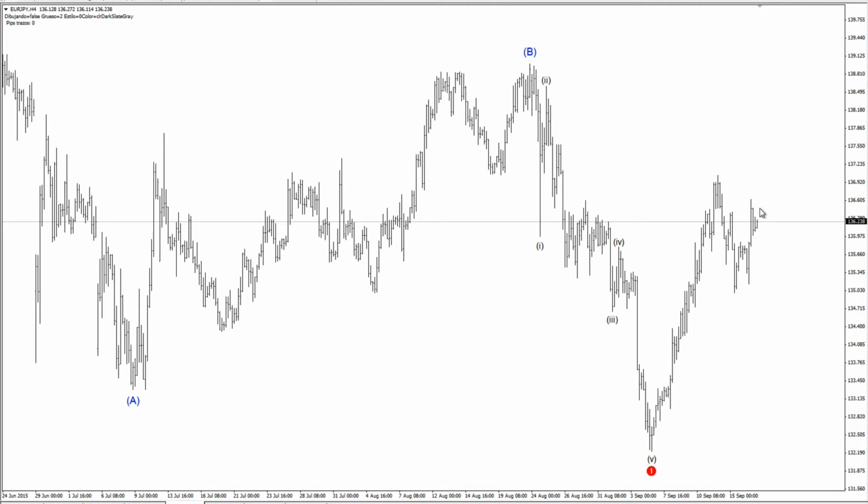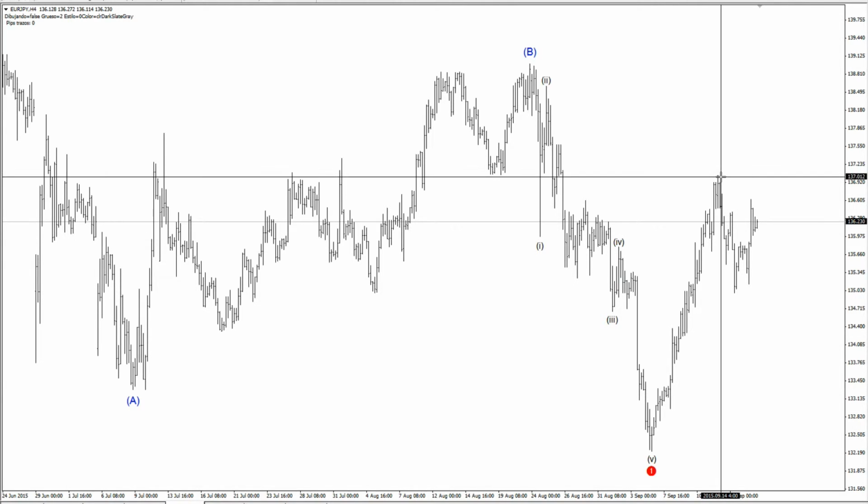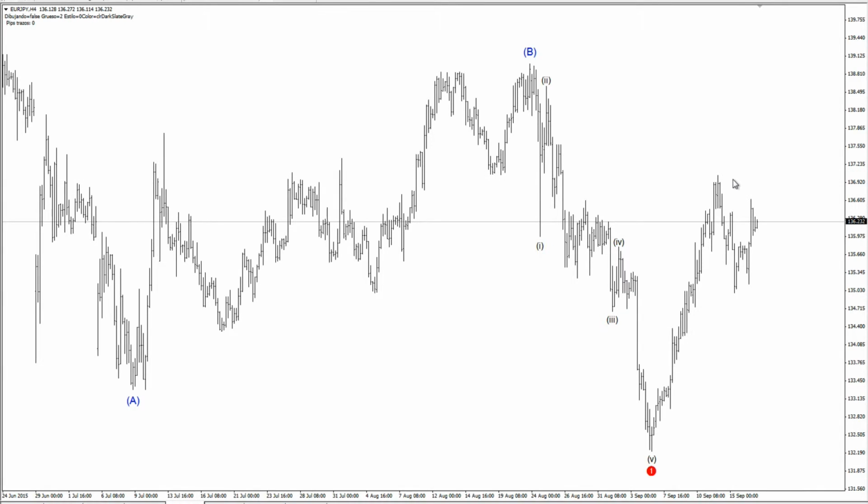So we should see a move higher with Euro Yen, because the 3 waves, it's very clear 3-wave structure. We can actually check out the 137 level, and from that we can see a 3-wave structure, and now we should see a 5-wave move next.